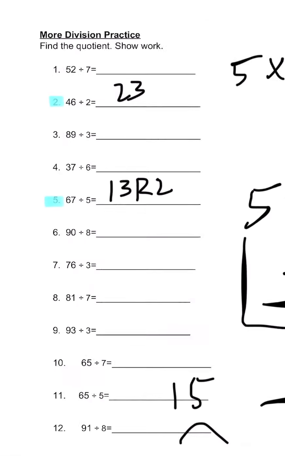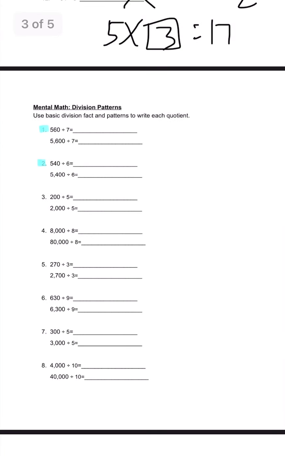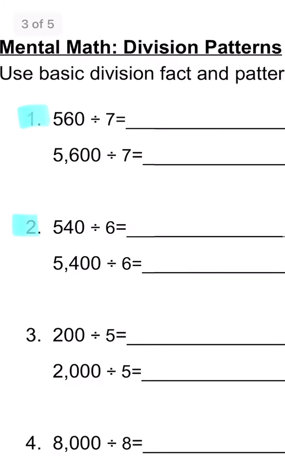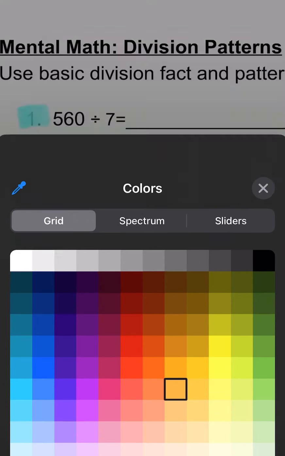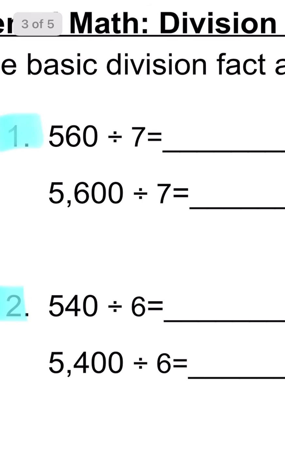Okay, now we will move on to page number 3. So here we're doing mental math with division patterns. Technically here you're not supposed to show any work because it's pretty simple. So let's go ahead and look at this problem, number 1, 560 divided by 7.